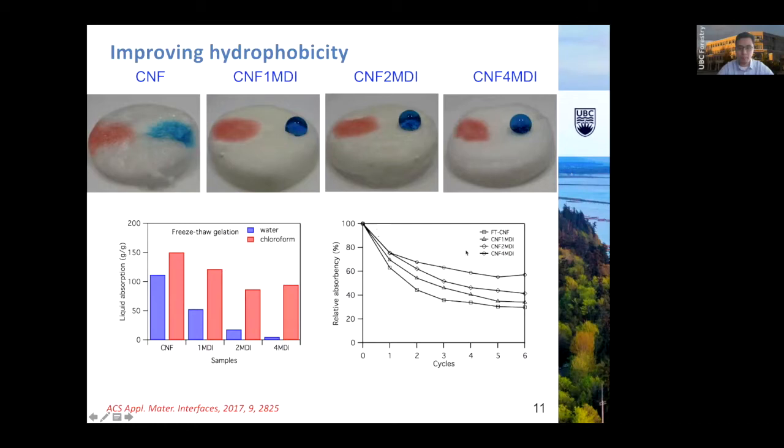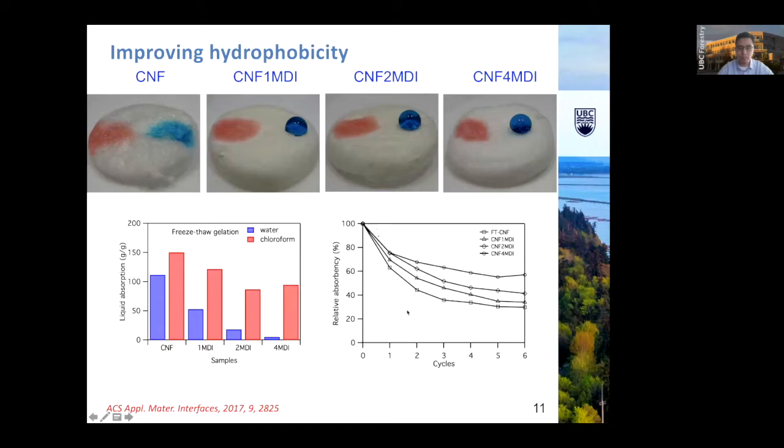And this absorption can also be recycled after modification. For example, the chloroform can be easily evaporated, and then you can use it for absorption again. It loses some capacity over the cycles, but if you look at the unmodified one, it shows much higher loss.